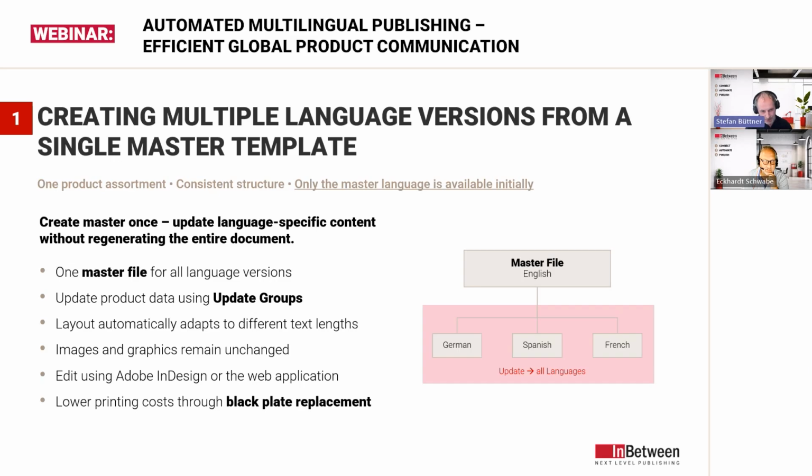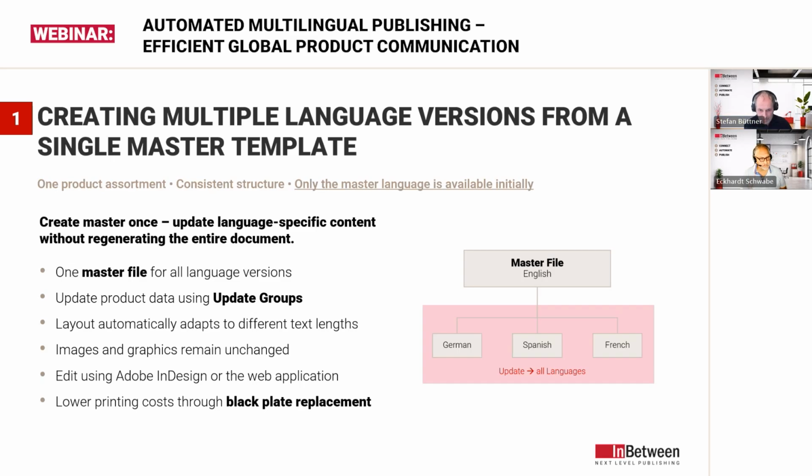When you are updating, the layout automatically adapts to different text lengths in your text frames, but images and graphics are placed on a separate layer, so they remain unchanged.